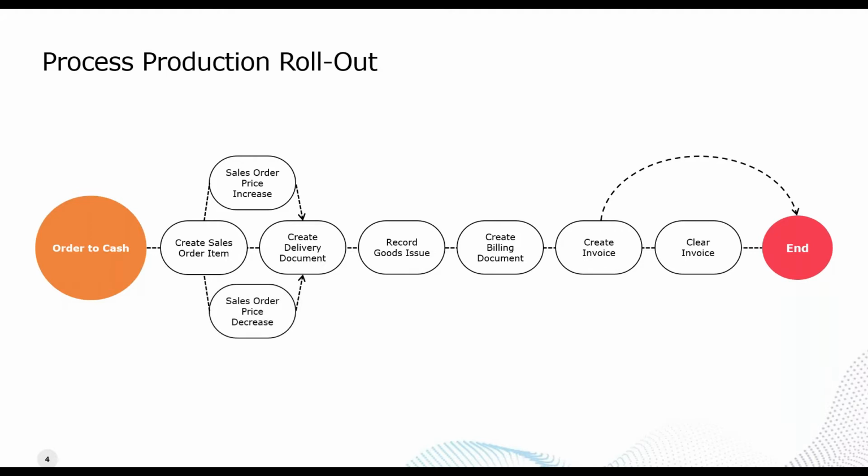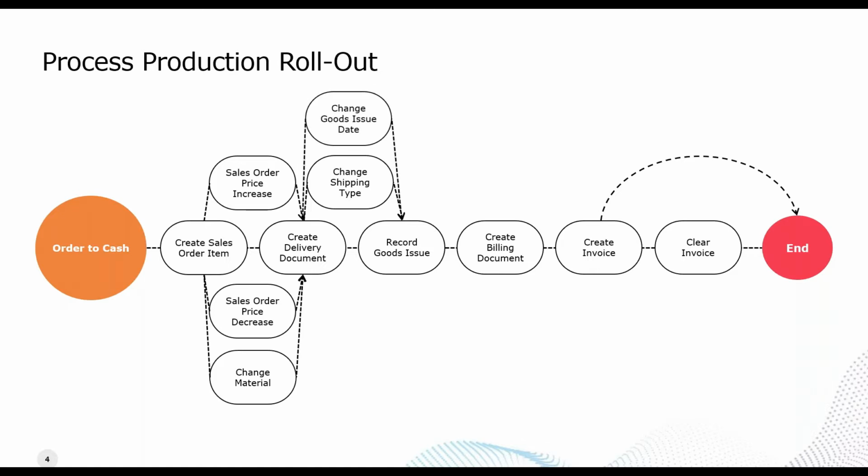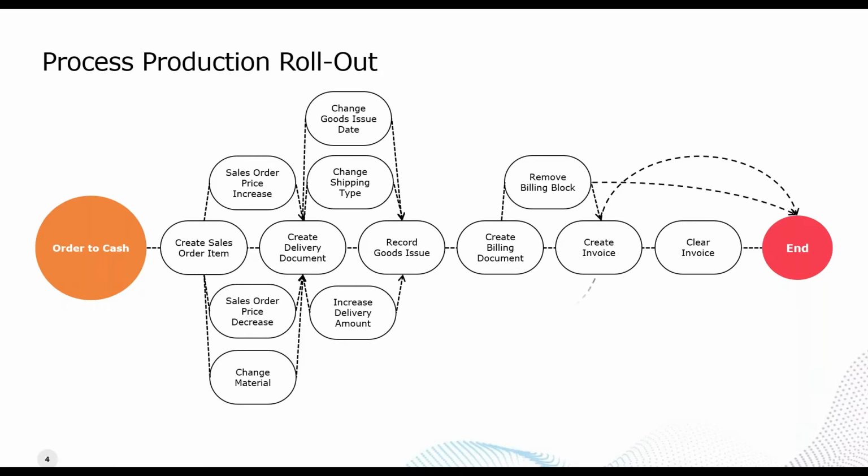We may be expecting a change in material and a shipping type change, but maybe we're not expecting a change goods issue date step. Maybe we're not expecting an increase in delivery amount and a remove billing block step, especially not the sometimes abrupt end after that step.